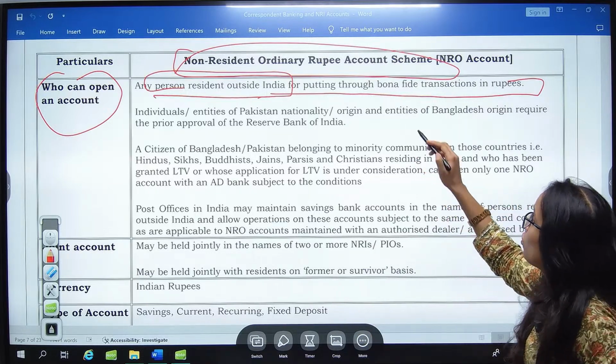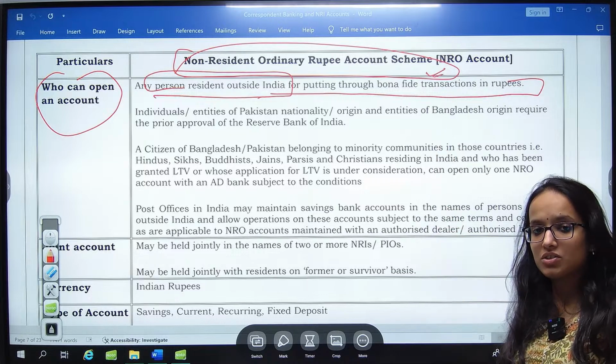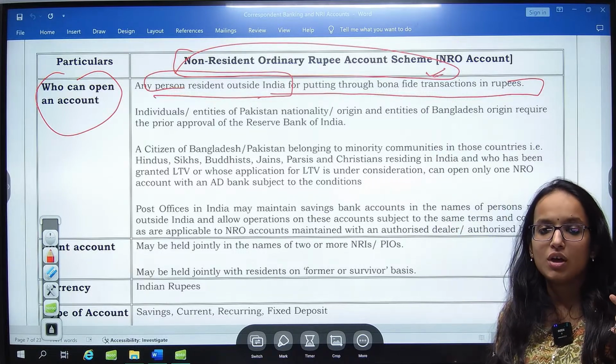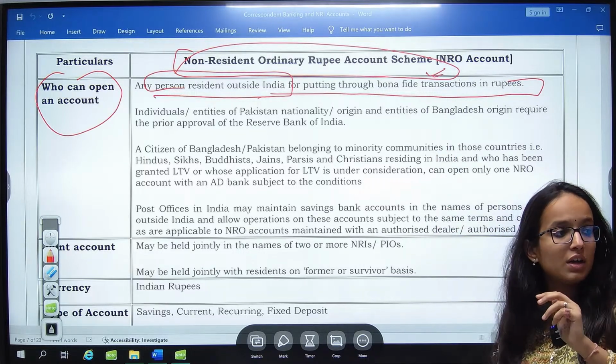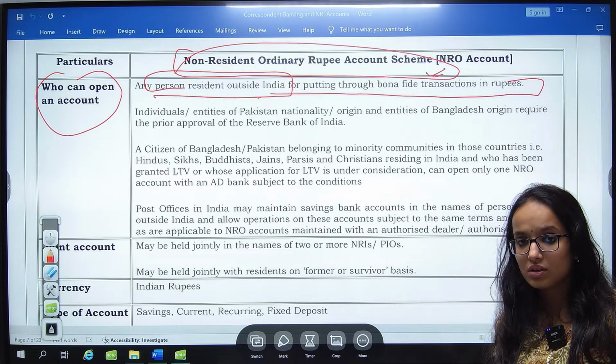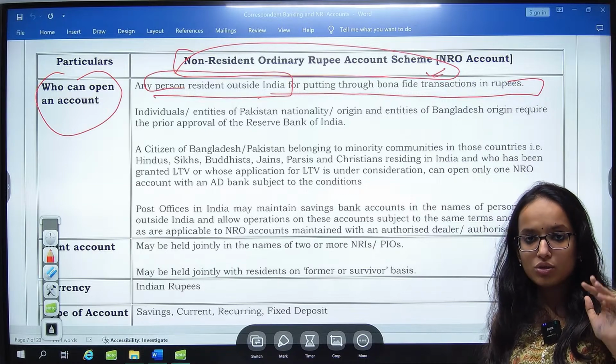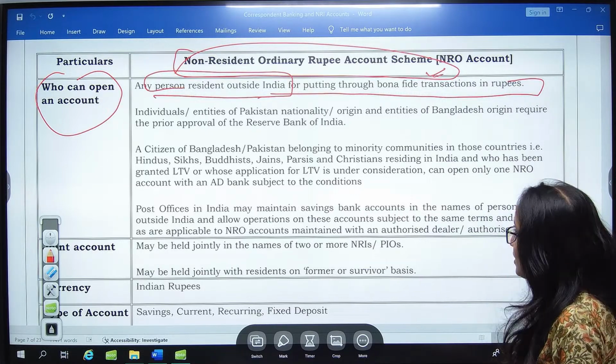For putting through bona fide transactions, but only for bona fide transactions, legitimate transactions, goodwill transactions, not transactions which have been generated from illegitimate sources or which are ill-intentioned. Got this point? So only for bona fide transactions.